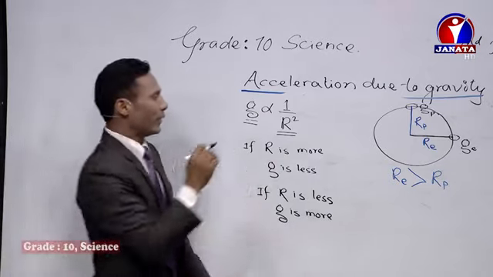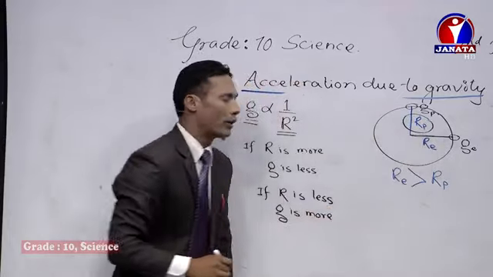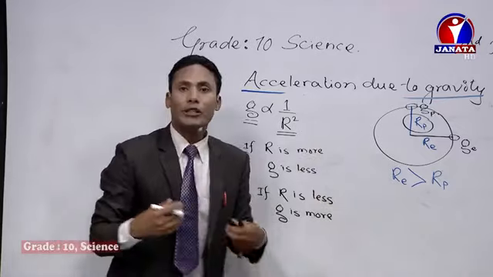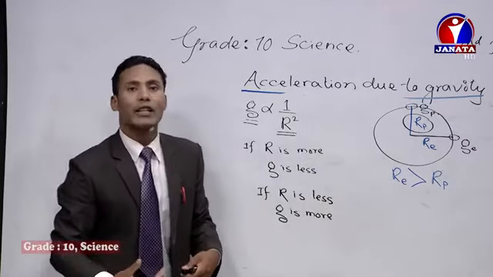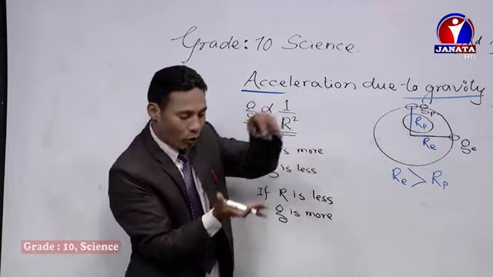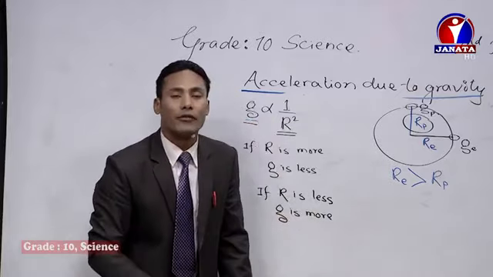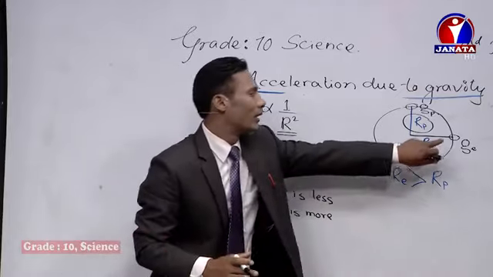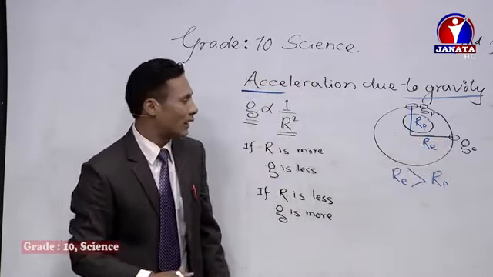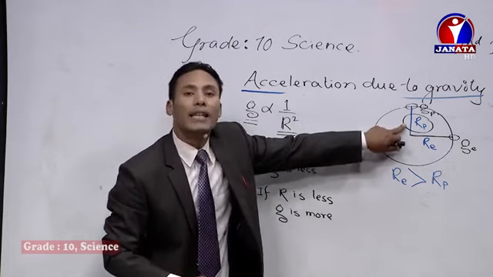Now look here, this is the radius of the earth in the polar region, right? When we check the radius of the earth in the polar region, the radius is less. The earth is bulging at the equatorial region, and thinner at the polar region. That means the radius of the polar region is less.